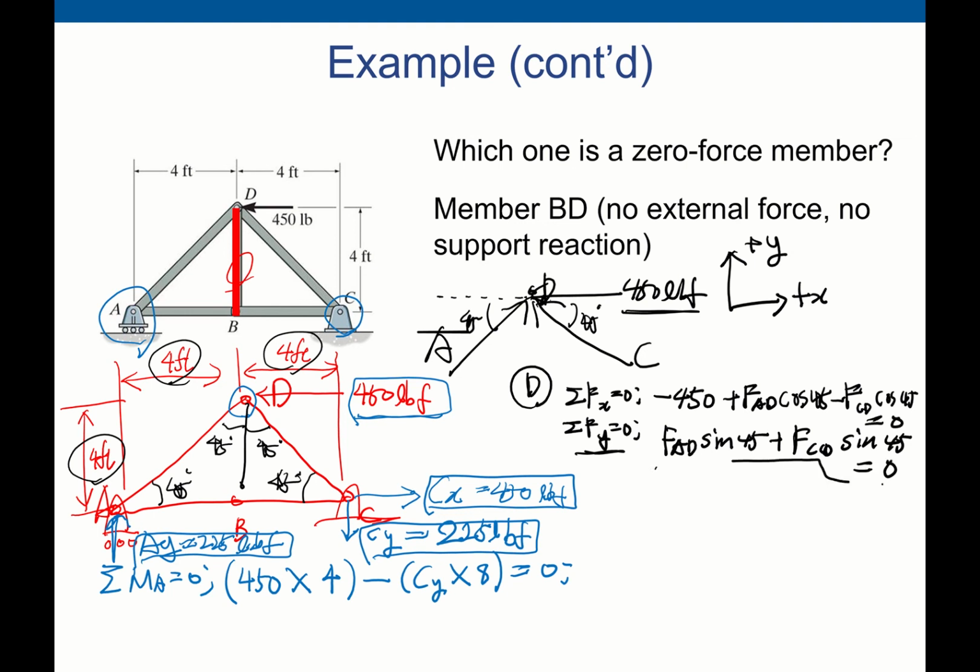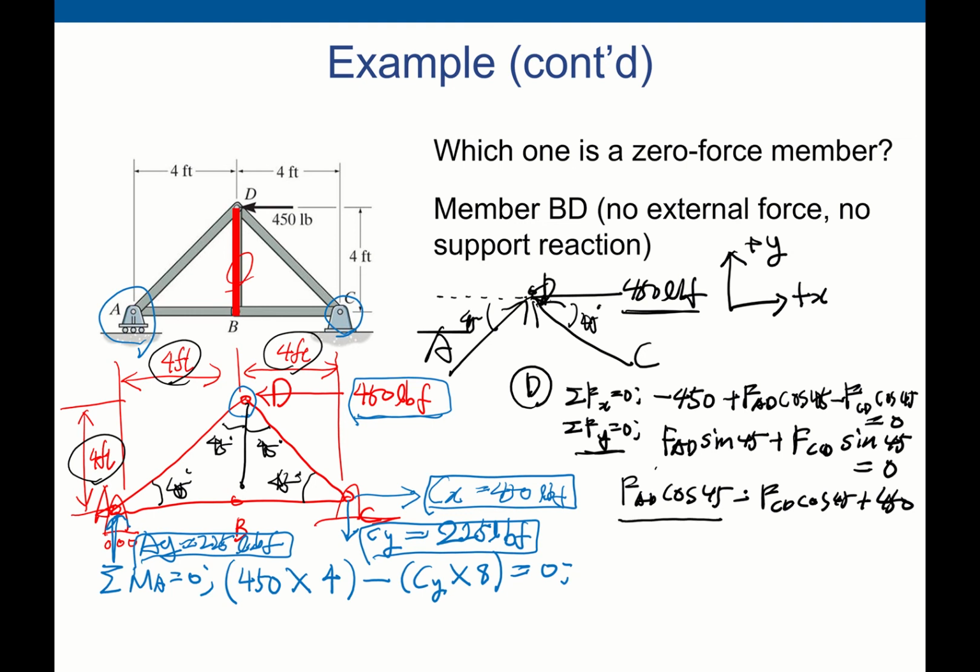From the first equation, we can express it this way. First, FAD cosine 45 is equal to FCD cosine 45 plus 450, right?